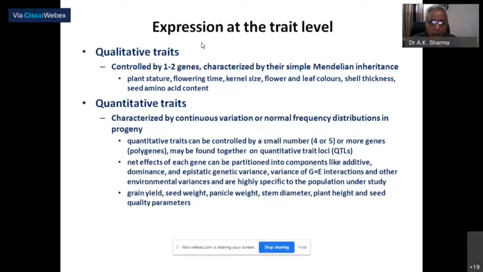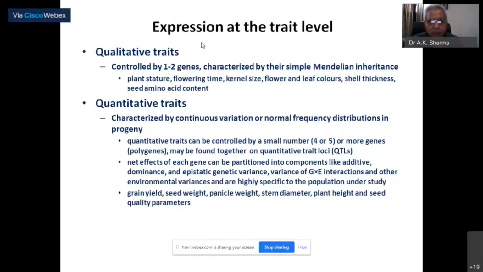That means they are present at a single place in a single chromosome. But many times they may not have a single locus. They may be in one or two different chromosomes, and then it is very difficult to actually carry out these experiments and know how to go forward.